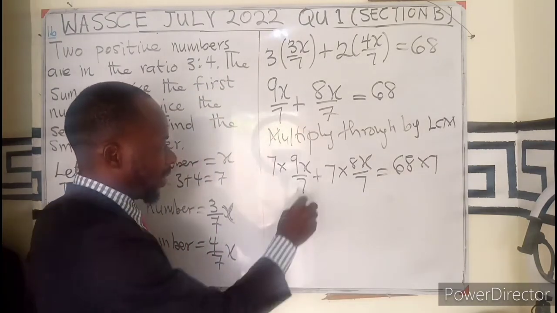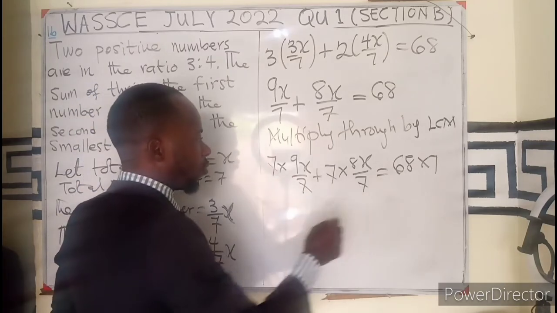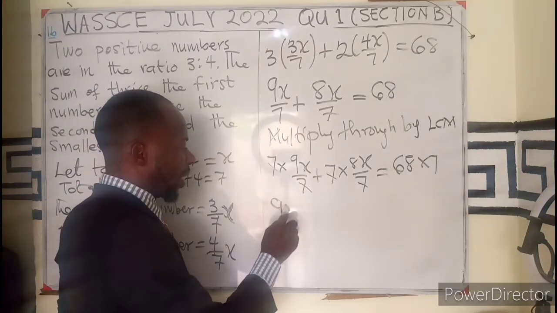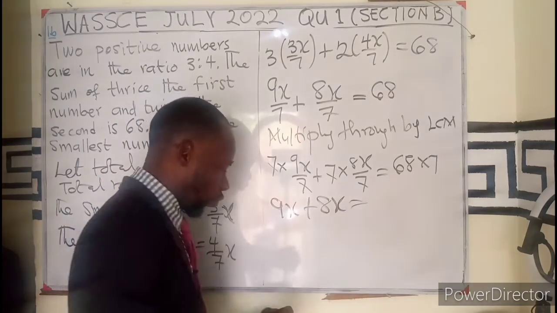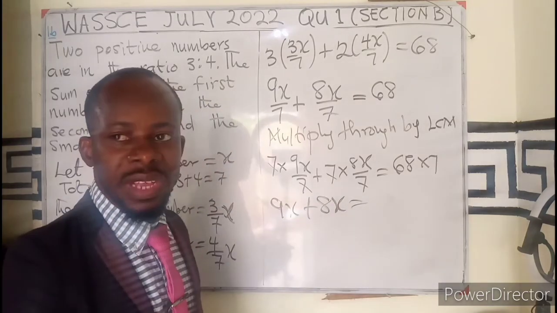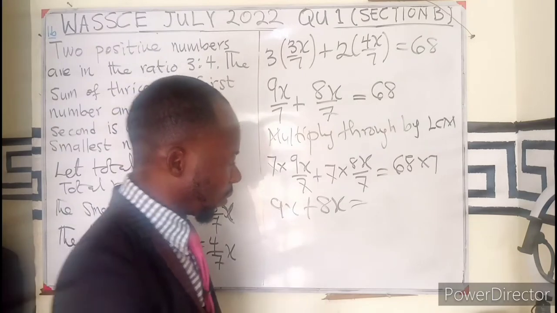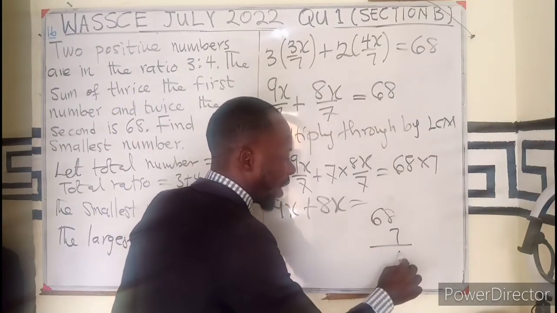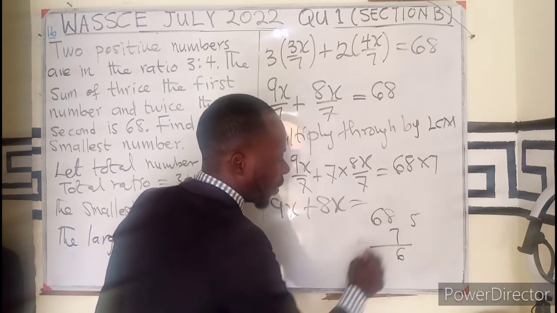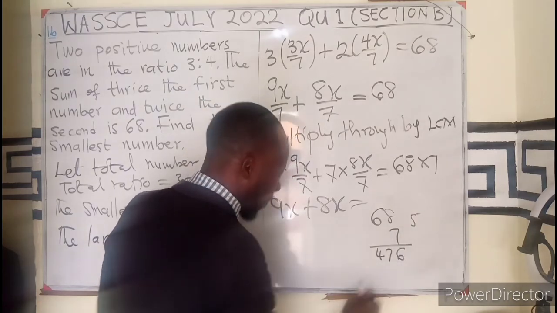So this will take care of the denominators, and we are left with only 9x plus 8x equals the multiplication of 7 and 68, which gives us 476.